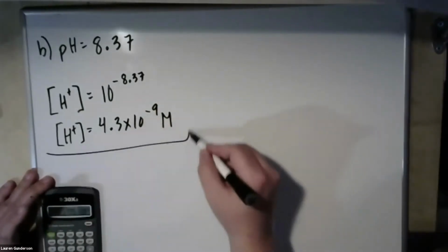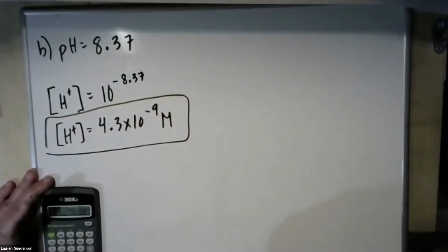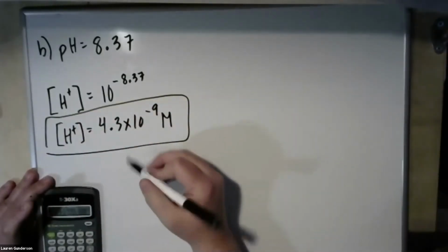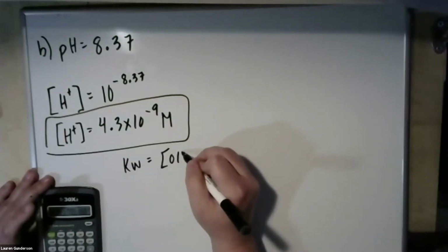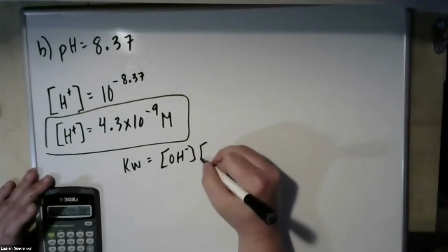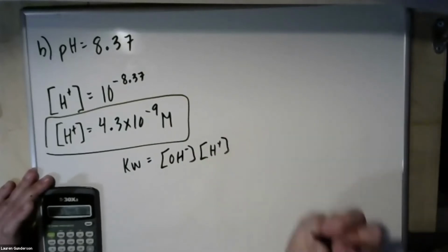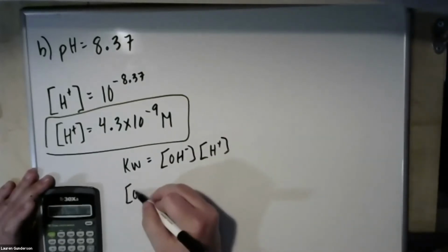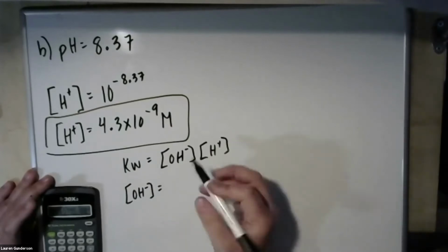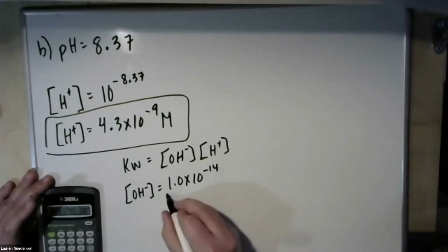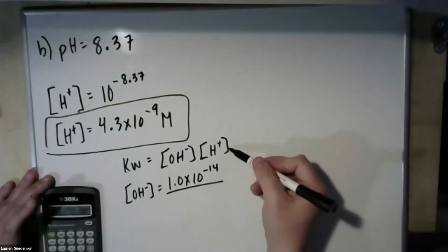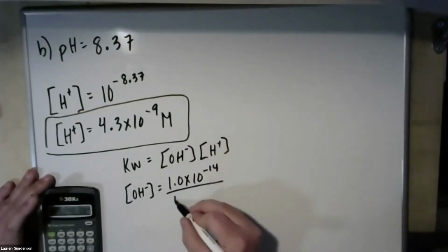Okay, it's my first piece of information. From here, I'm going to use my Kw relationship to find my hydroxide ion concentration. So that's going to be Kw, which is 1 times 10 to the negative 14, divided by my hydrogen ion concentration, which I just found.